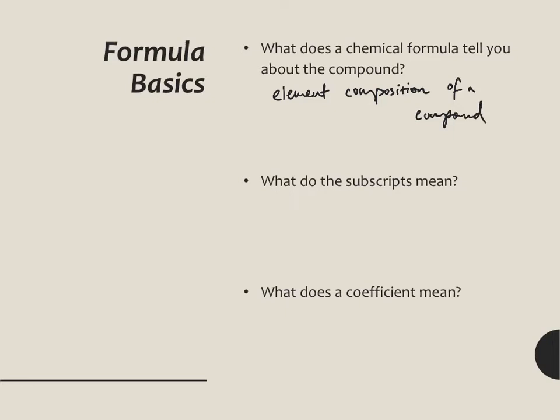Okay. And what do the subscripts mean? If I were to give you an example of a formula, I'm just going to make one up, Na2SO4. I mean, this is accurate, yes, but what do these subscripts mean? They tell us specifically, if you look over here, these small numbers, they tell you the number of atoms of that specific element.